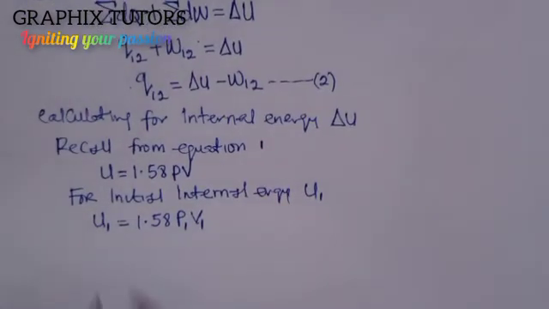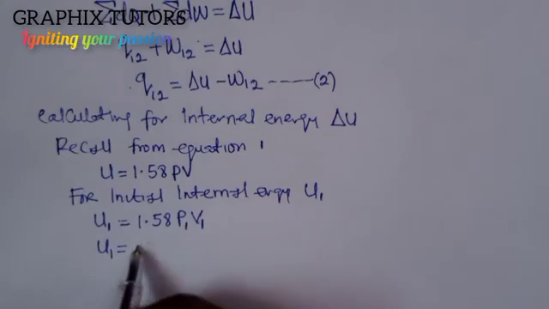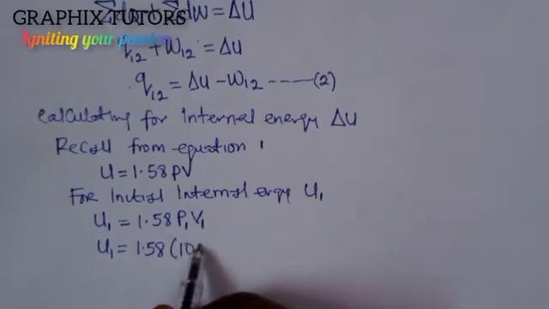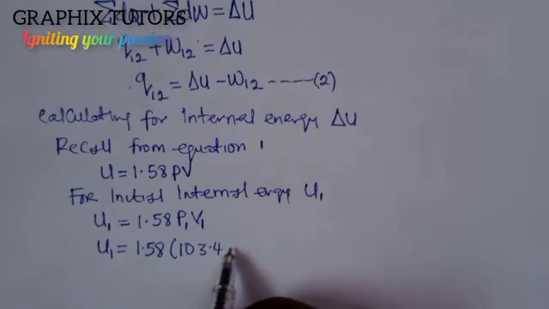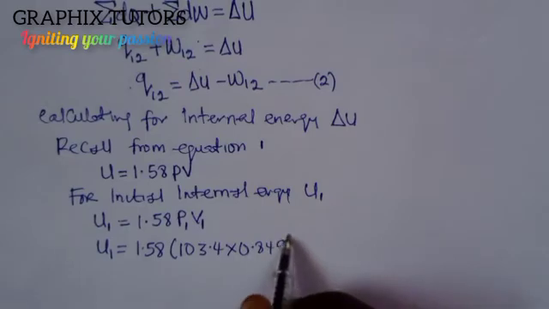Now, we'll see that U1 here will give us 1.58. The P1 given in our question here is 103.4 times V1, which is 0.849.